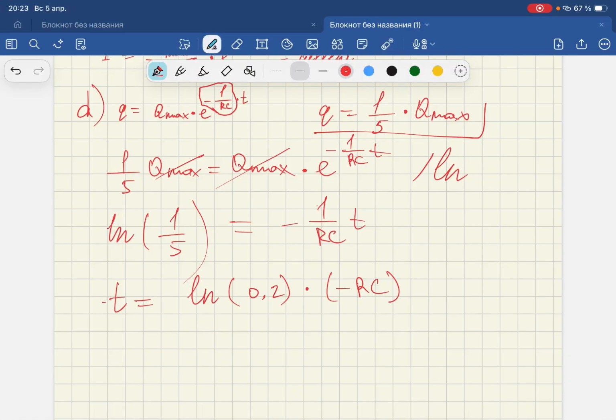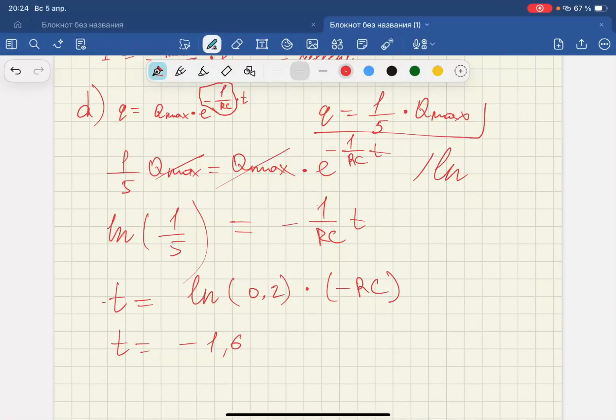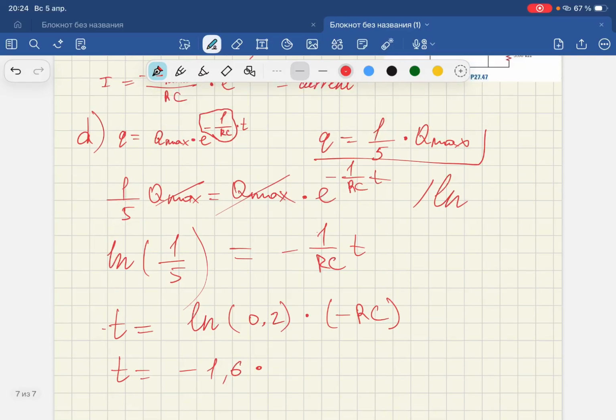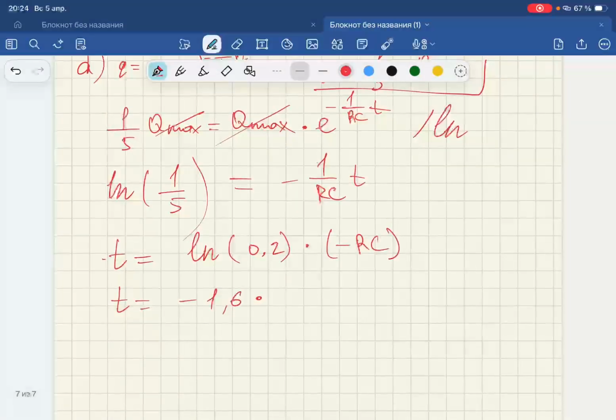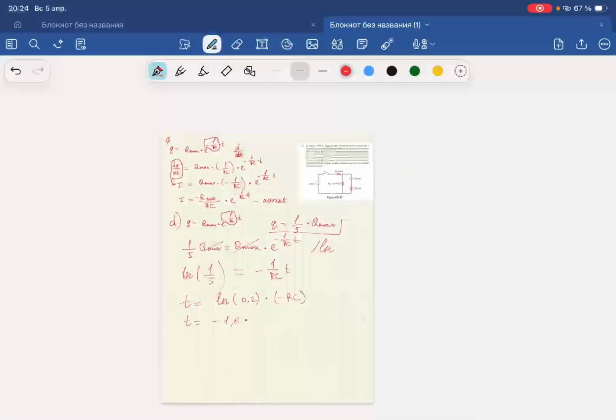So finally t equals ln 0.2, which gives us minus 1.6 times our resistor, which is actually equal to, just a second.